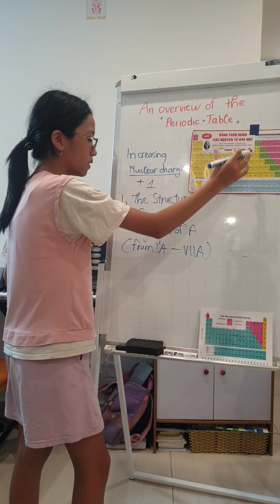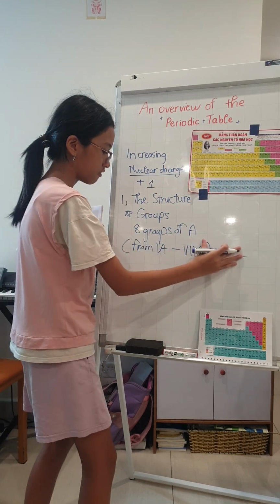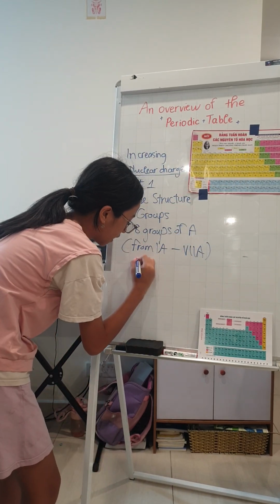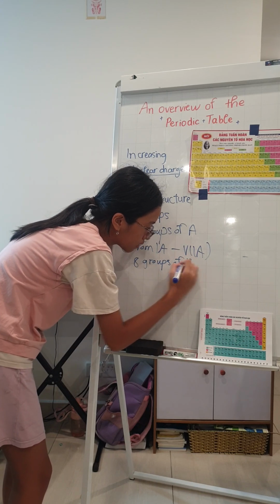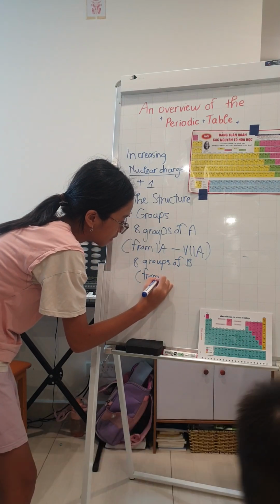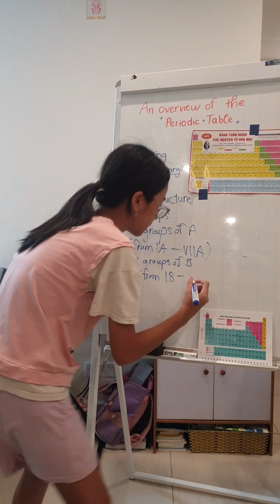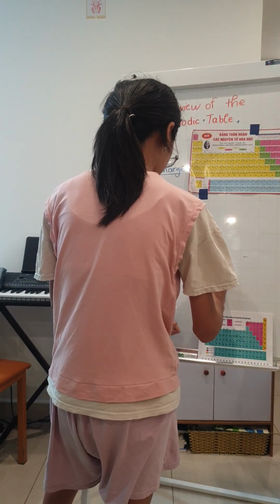So the periodic table has 8 groups of A from 1A to 8A, and 8 groups of B, from 1B to 8B.